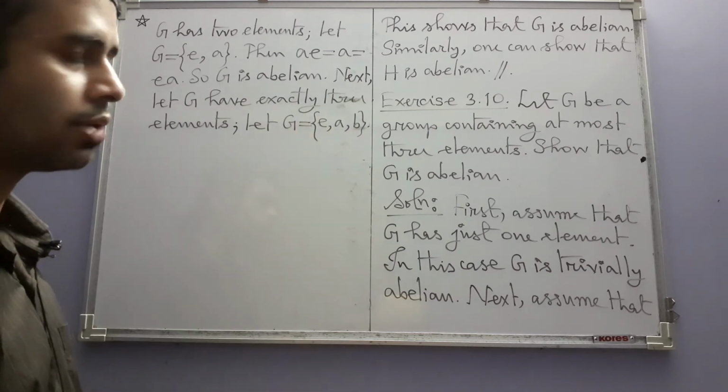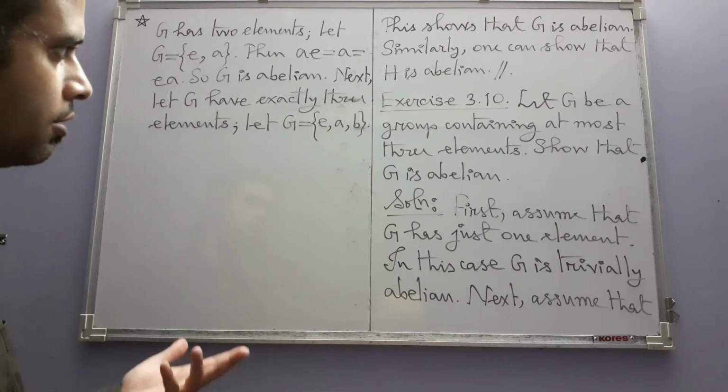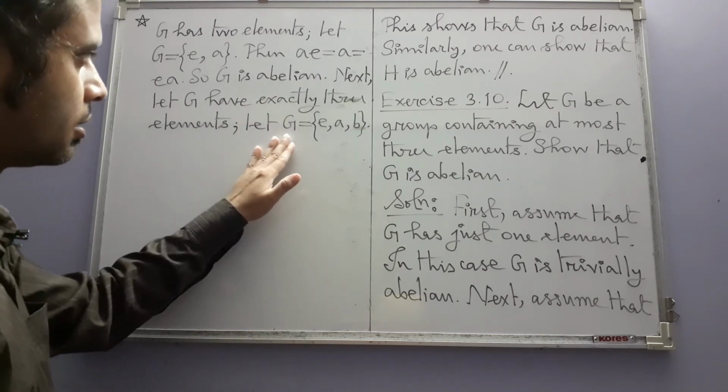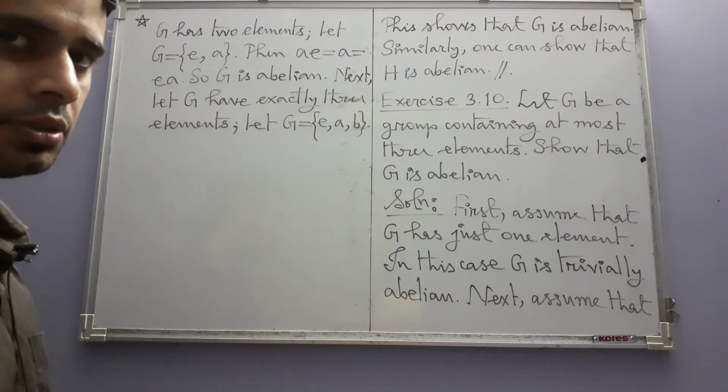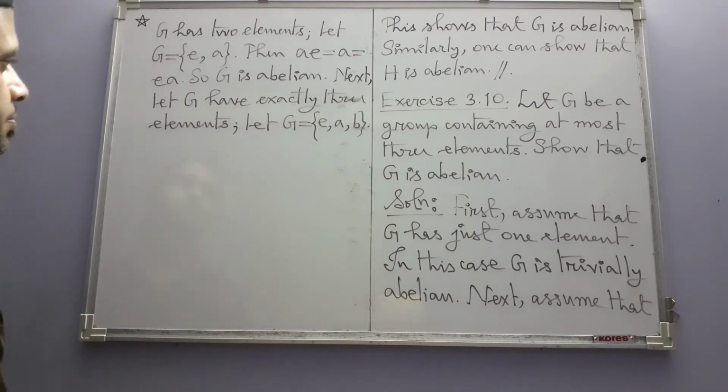We don't really know what they are or how they behave. The only thing we know is that they are distinct and they are also both different from E. That much only we know.